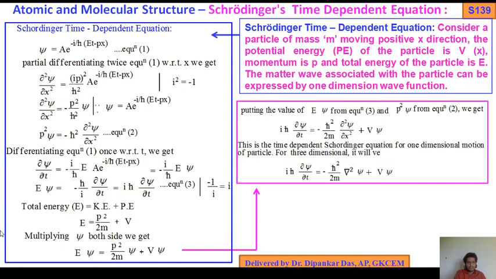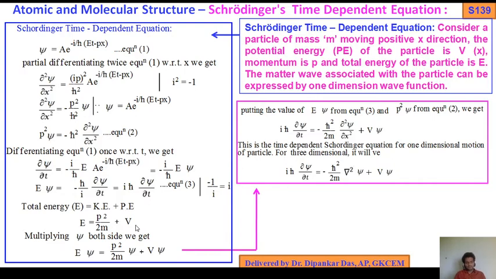This expression is also assigned as equation number 3. Remember here minus h bar by i means minus 1 by i, and minus 1 by i is nothing but i, so that's why i h bar del psi by del t.